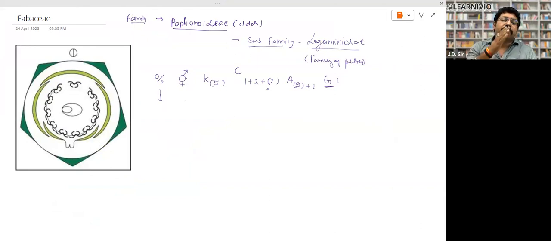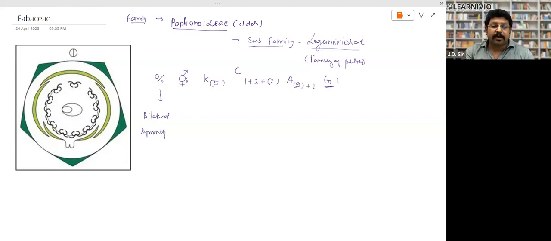Actinomorphic, if you cut the flower from the axis or the center into two parts, any line drawn from the center cuts the flower into two parts. That means radial symmetry, right? But in zygomorphic, this is bilateral symmetry. There is only one axis, so you can cut this flower into two parts from only one axis. So this is zygomorphic, right? Zygomorphic means, let me write it down, bilateral symmetry.